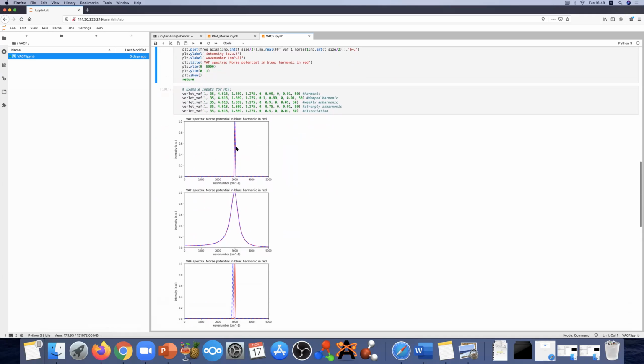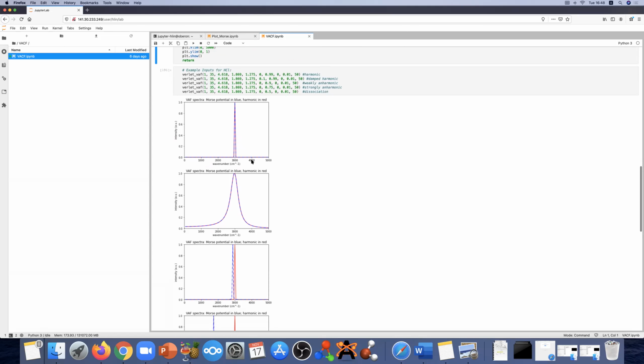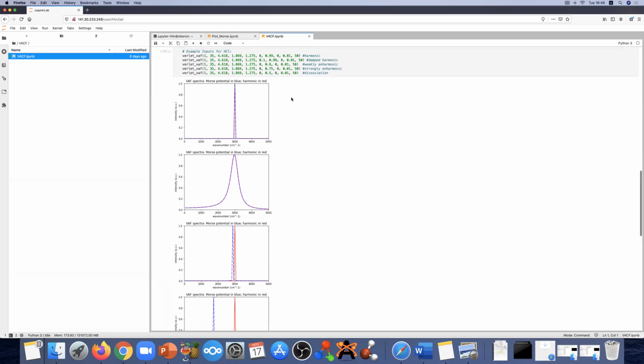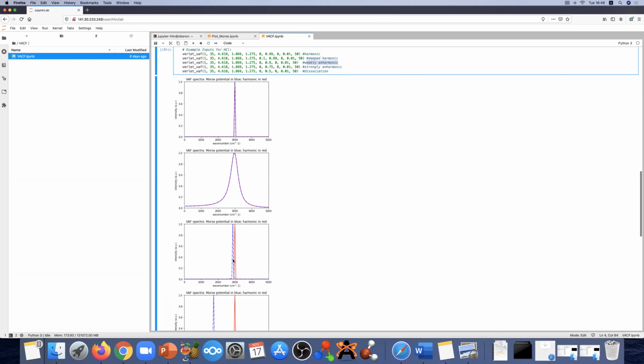For instance, the first picture corresponds to the potential in the harmonic approximation, so they are almost the same. Now you can also add some damping, so this peak will smoothen out. And you can also have a different case like a weak anharmonicity, which means your oscillation range is very large. So you can see the peaks will separate between the harmonic approximation and the Morse potential. So the peak position will also shift.